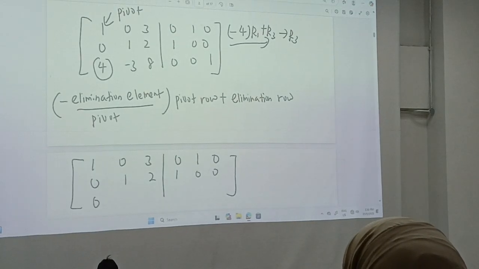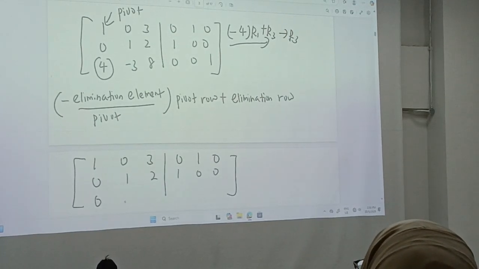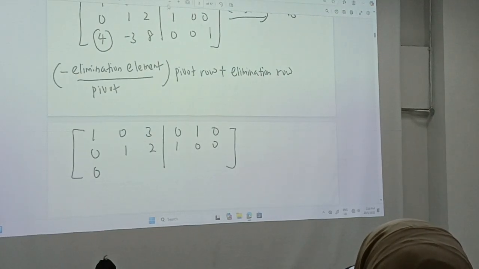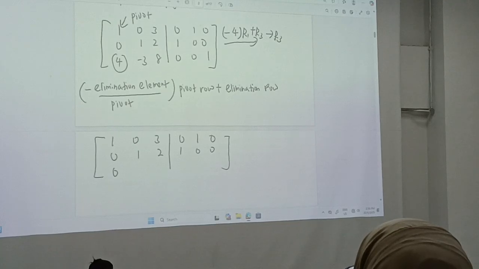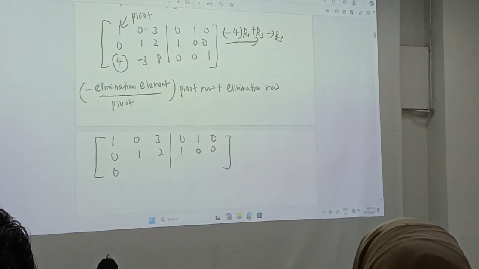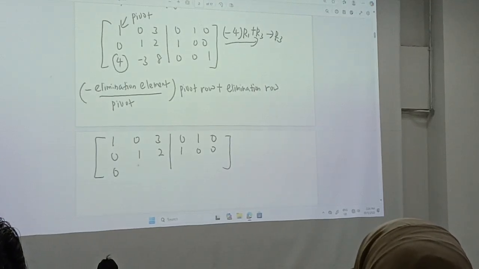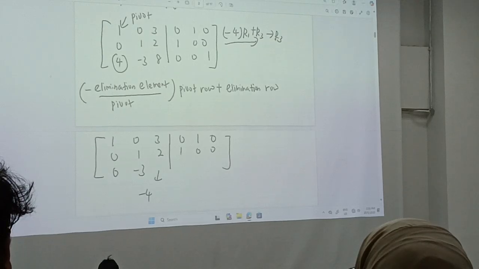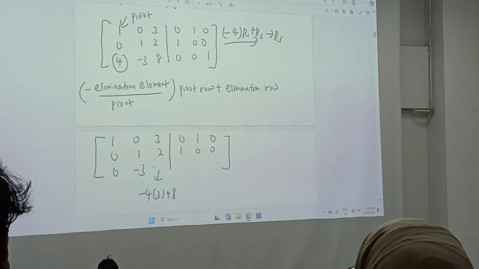So this will be 0. And here we need to do the calculations. So negative 4 times R1. Negative 4 times 0 plus 3 will be negative 3, right? And then negative 4 times 2 plus 4 equal to negative 4, right?